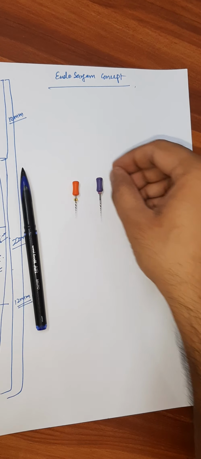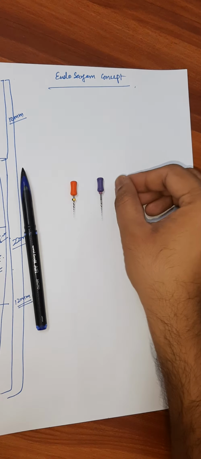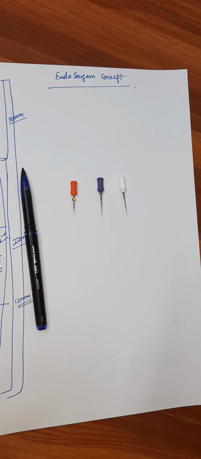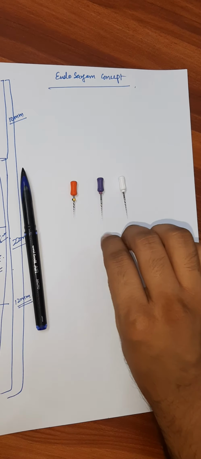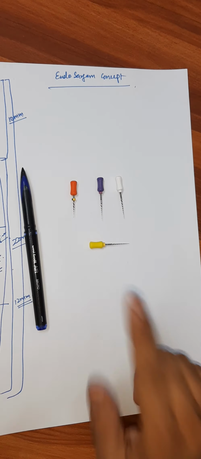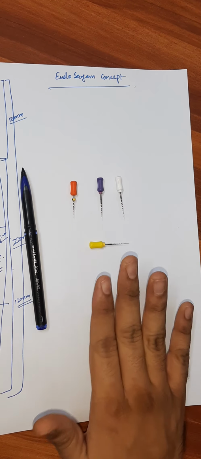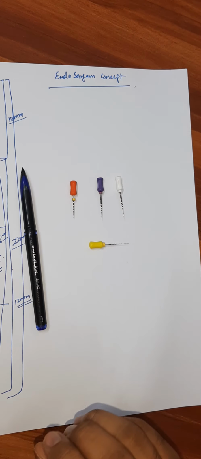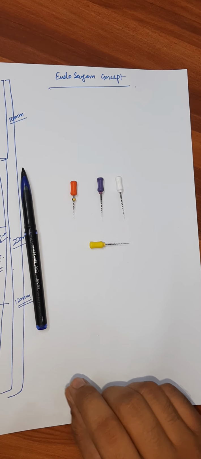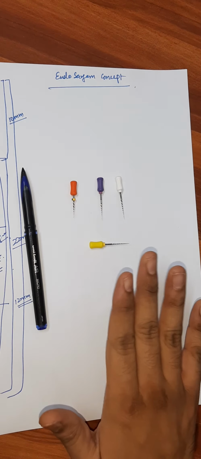The purple file is S1 or shaper 1, and this S2 is finisher. This S2 is shaper 2, and I will be using F1. This is finisher 1.